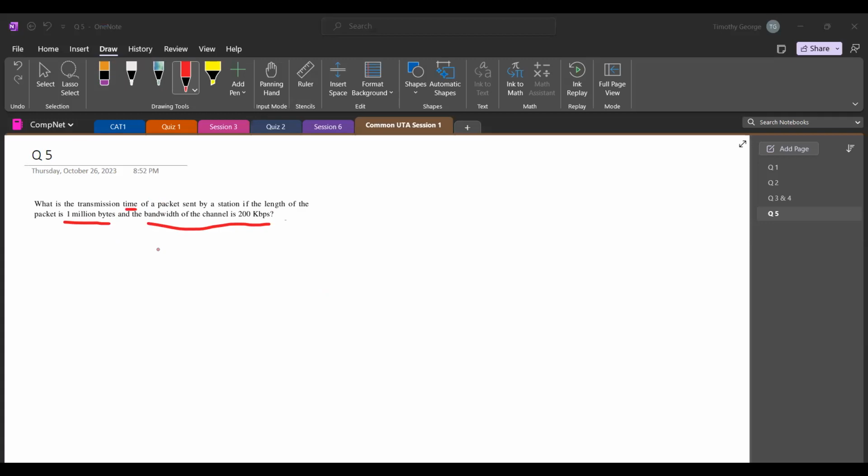So you have a packet. The total length is what is given. So we are given 1 million, so I'm just going to write that as 1. You need to send this packet from one station to another, and the bandwidth is given. What is the bandwidth?